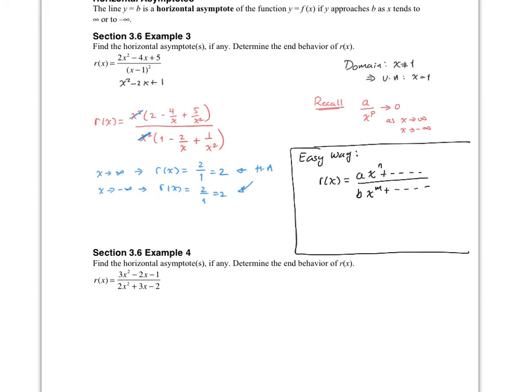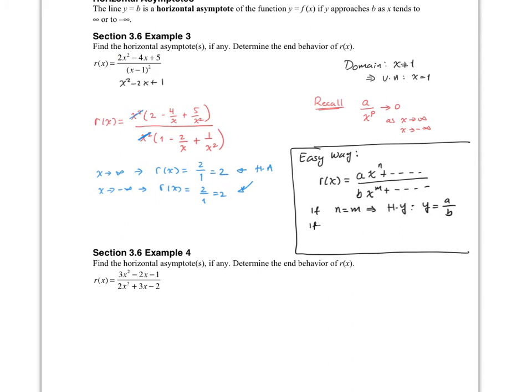Okay, so if the degrees are the same, then the horizontal asymptote is just going to be y equals a over b. You just divide the coefficients, which you can see here this is 2, this is 1. 2 over 1 is 2, which is exactly what we got.